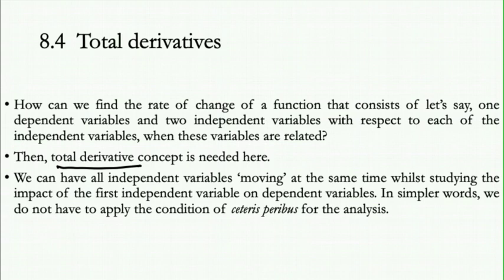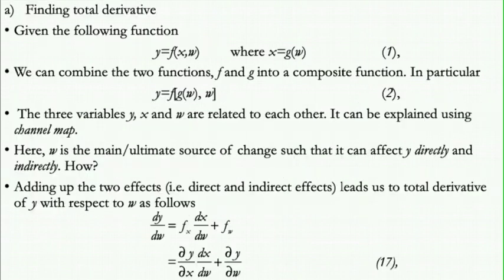Okay, so for instance, let's say, given the following function, y as a function of x and w, however, as you can see, x is a function of w also. So here we can show it in the form of a channel map.